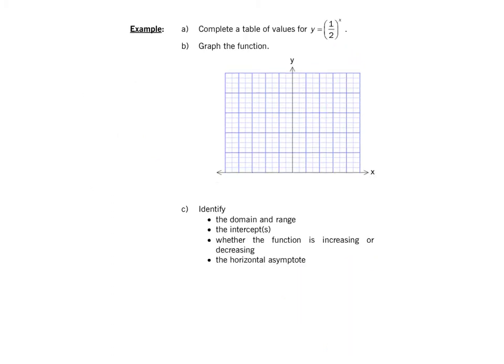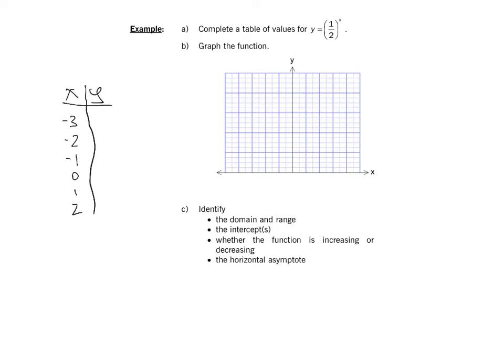In this question, we see complete a table of values for (1/2)^x, and then graph the function. So I'm going to say we go -3, -2, -1, 0, maybe 1 and 2.